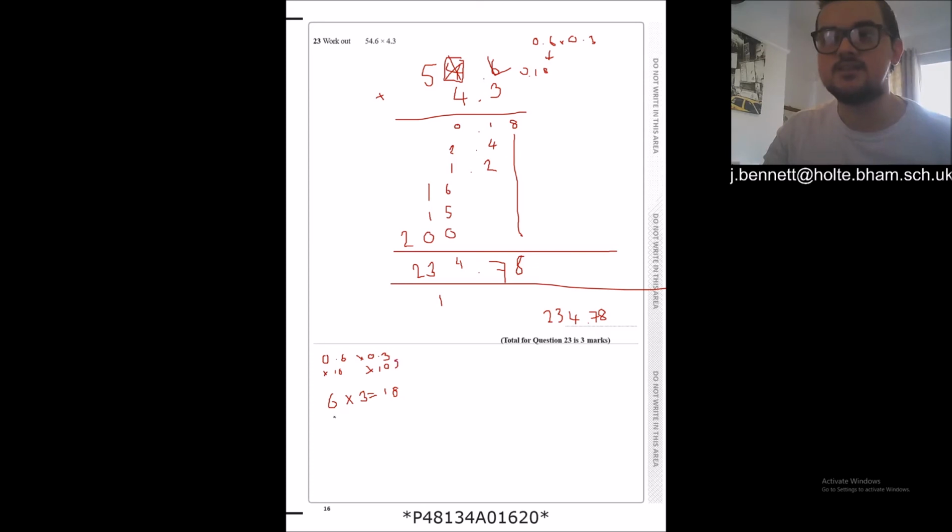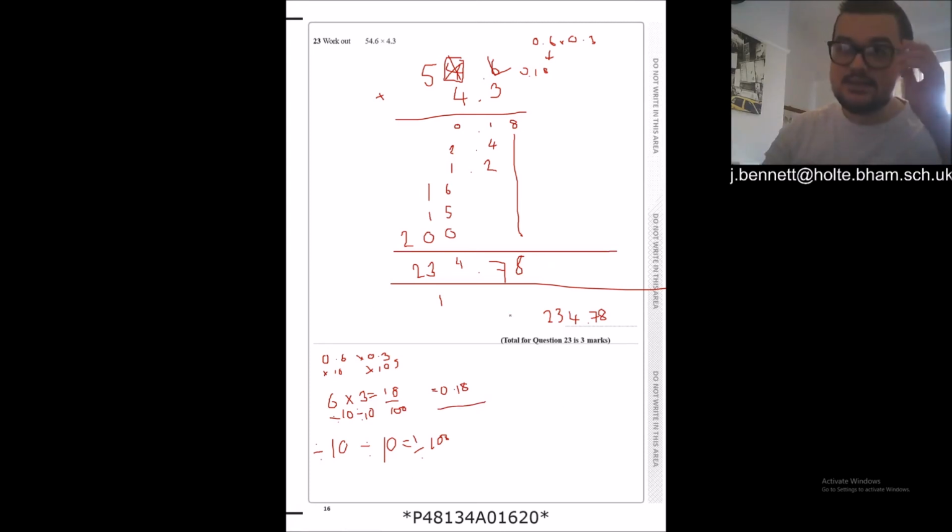We have to divide by 10. Dividing by 10 twice is the same as dividing by 100. So we have 18 divided by 100, which is 0.18. So that's a nice way of doing that.